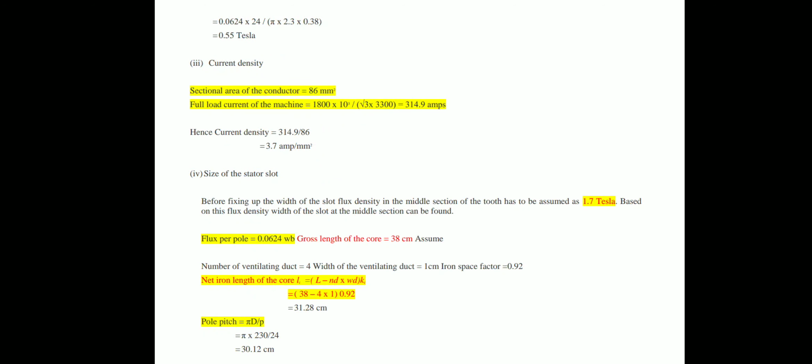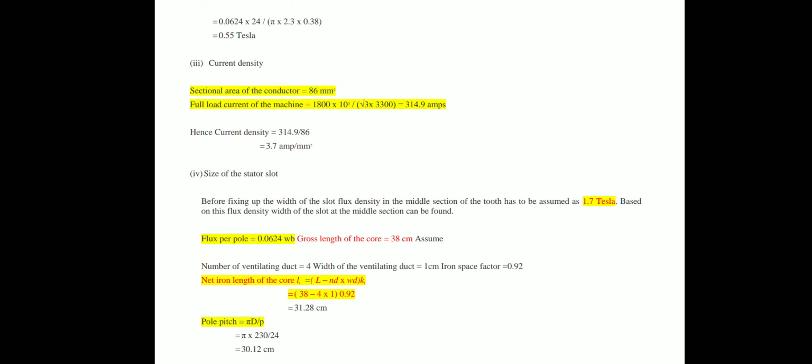NS is equal to 250 RPM given to you. P is the number of poles, given to you as 24. So BAV is equal to phi upon pi DL upon P. Put all the values given to you and calculate, you will get 0.55 Tesla.